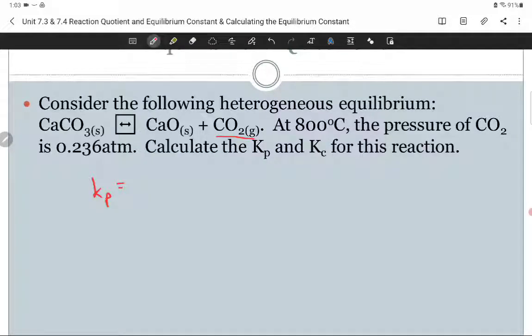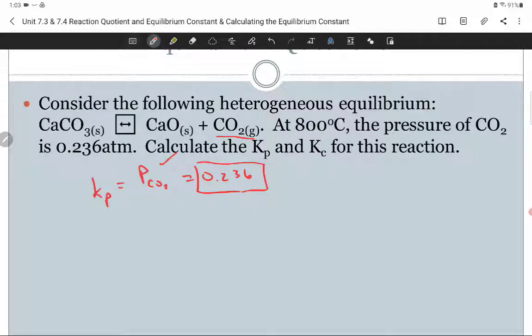Well, there's only one gas in the reaction, and it has a coefficient of 1, so power of 1. So this one is about as easy as it gets. If you know the partial pressure of the CO2, you know the Kp. So there we go. That's the Kp answer.